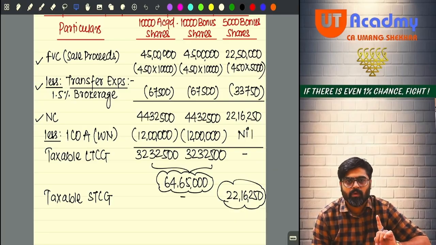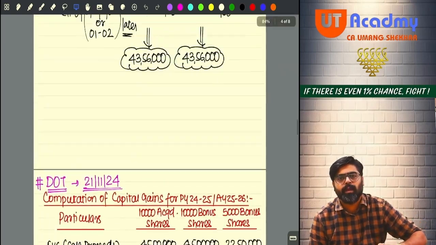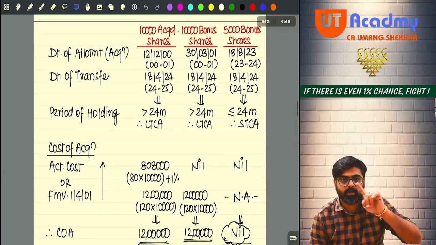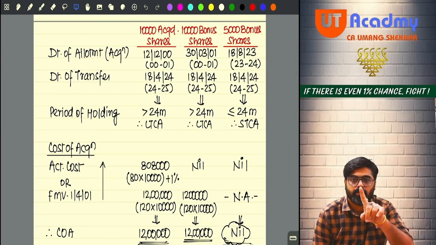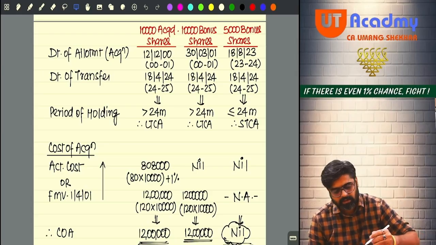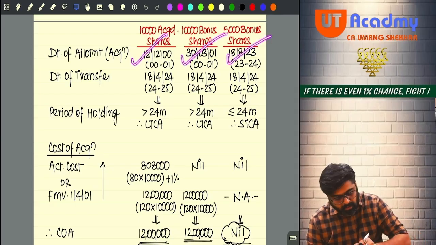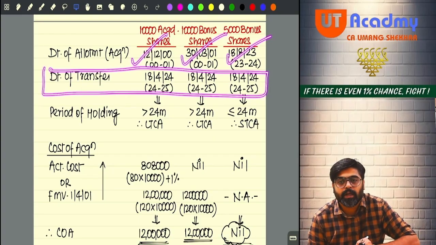Okay. Now what you will do, you will keep some lines blank to make this working note again, that you are going to do on your own now. But in this working note, what will change? See, this will remain same, but only the date of transfer you will change now. Date of transfer, instead of 18th of April, what will come? 21st November 2024.